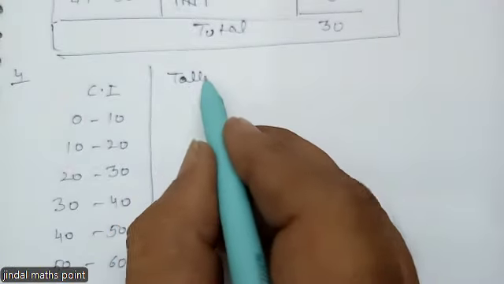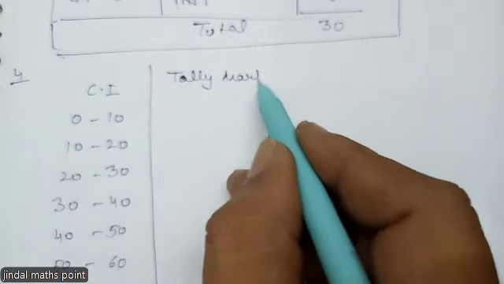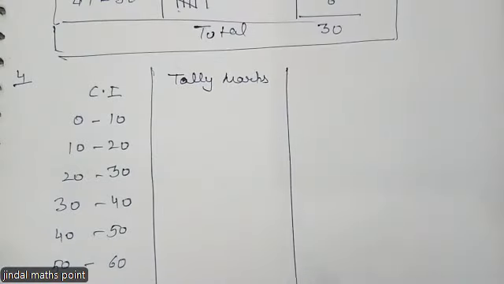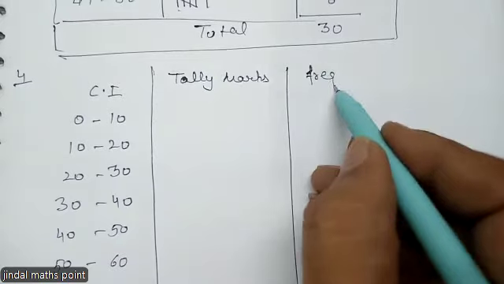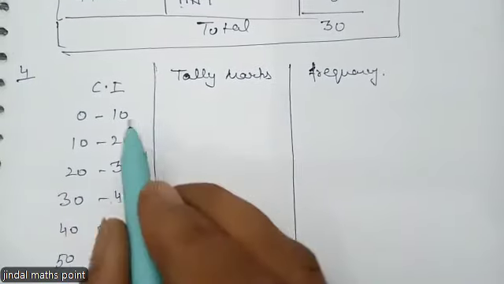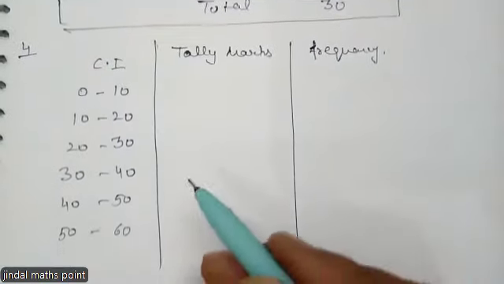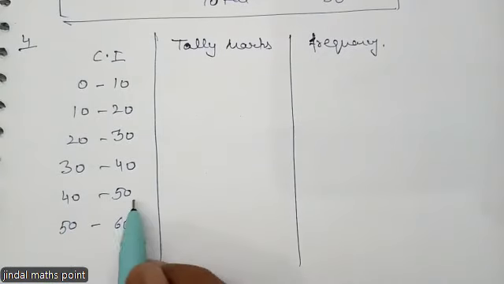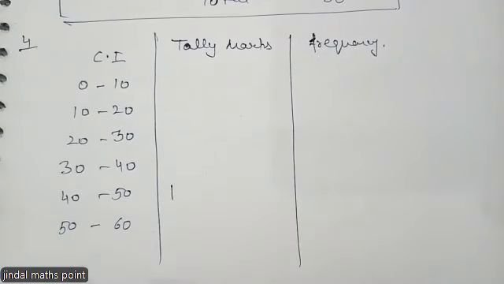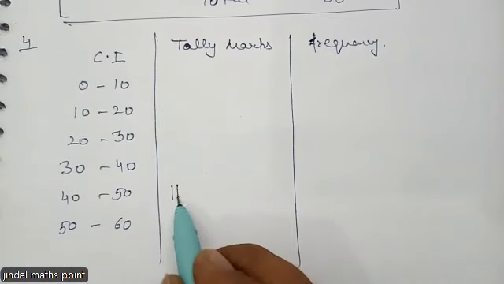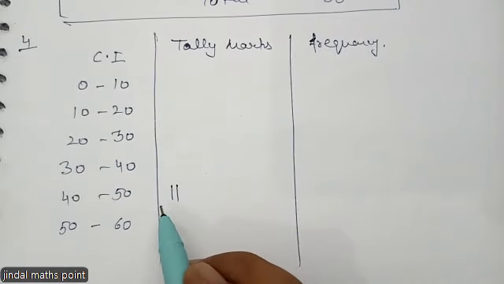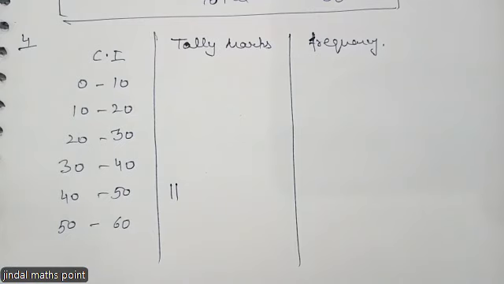Tally marks. And here, frequency. First, 45. Here, lies between 40 to 50. We have marked this. 48 also lies here. 15. 15 lies in which class interval, Evelyn? 15. 50 to 60. 15. 1, 5.